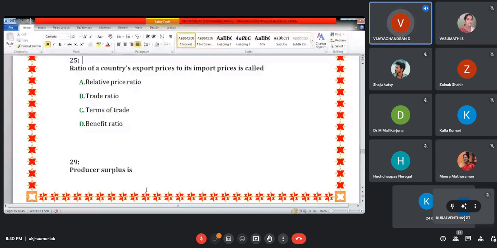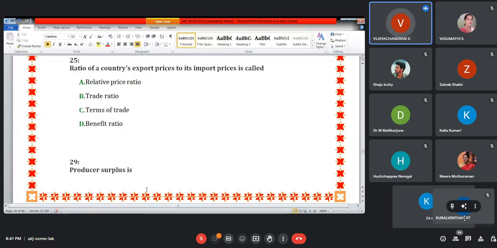So I told, in international trade they will ask about balance of payment. One question from the balance of payment, and trade blocks are very important. They will ask questions from the trade blocks. Mode of entry, I told, the factors of international trade, the approaches, regionalization.